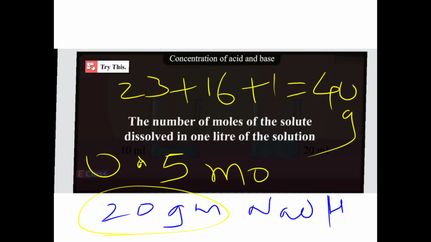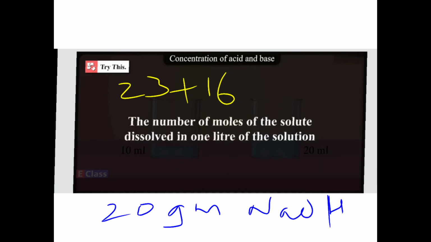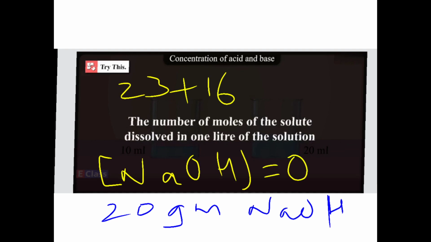So 0.5 mole of solution is there. But how we write it, children, that's a way of writing. I'll just show it to you. You will write it this way. Molarity of NaOH is 0.5. Molarity you have to write in a square bracket.